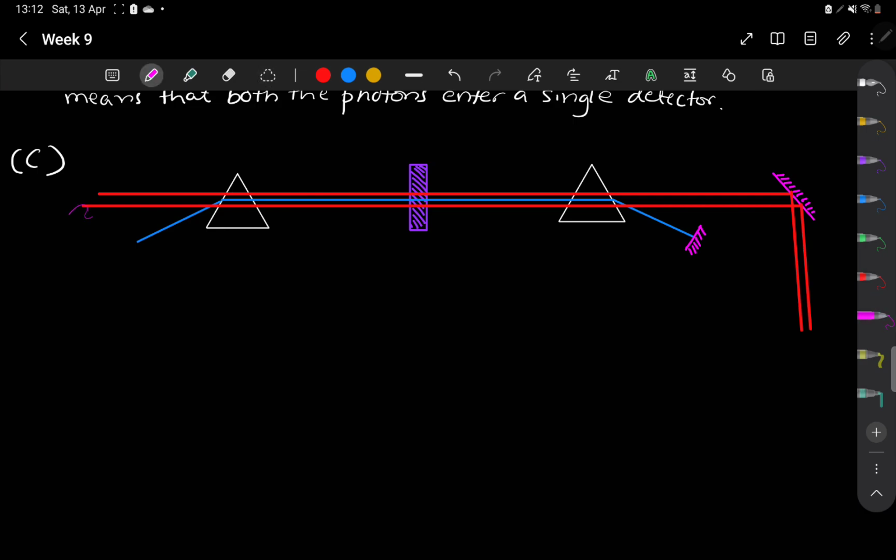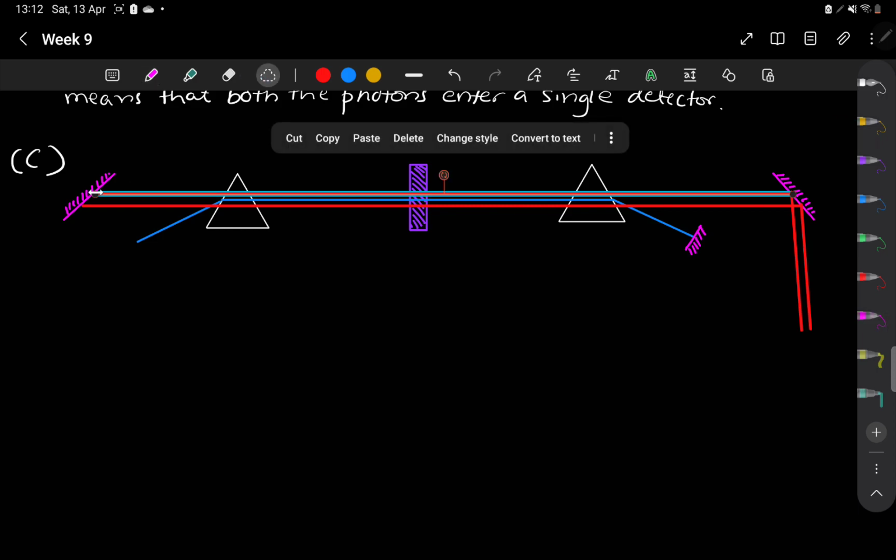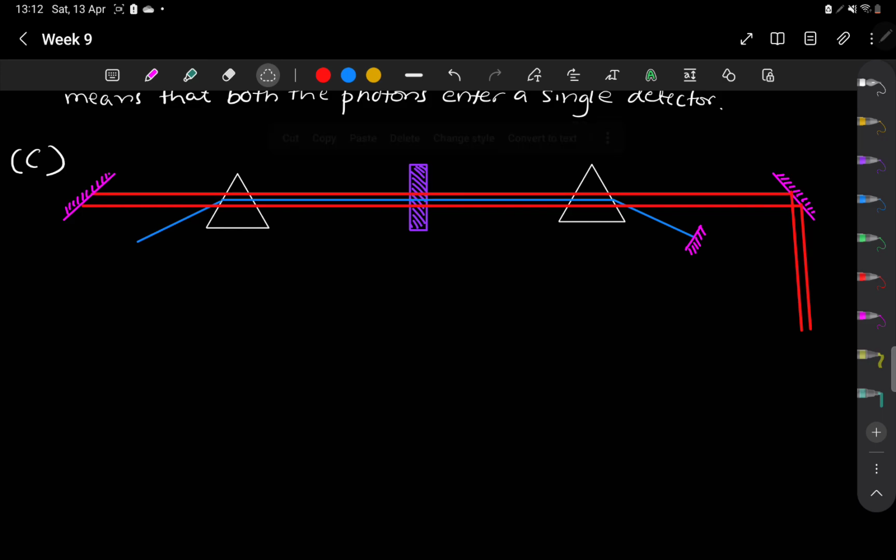And another mirror. So this is the setup.